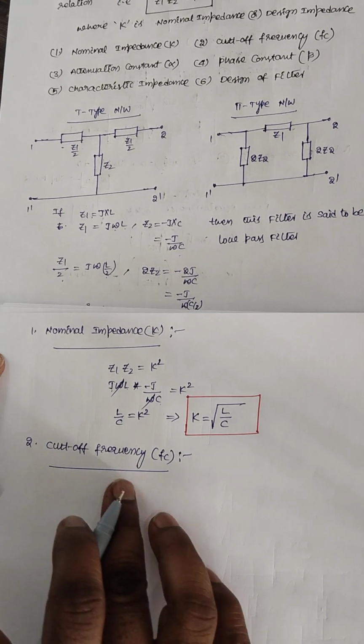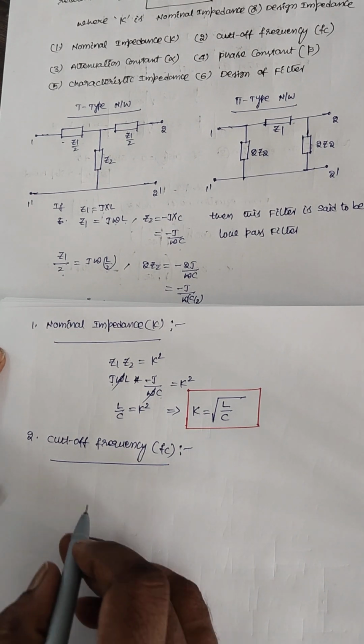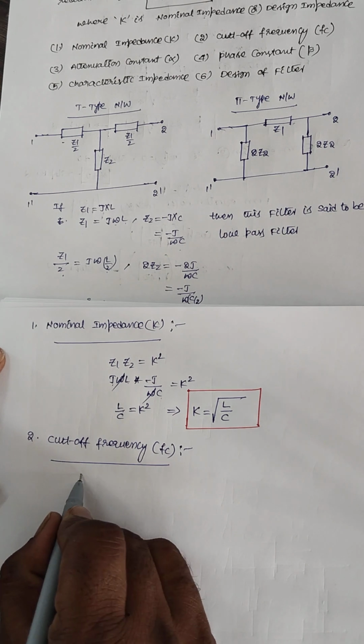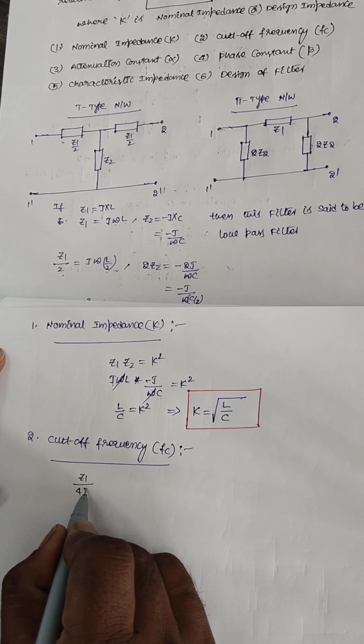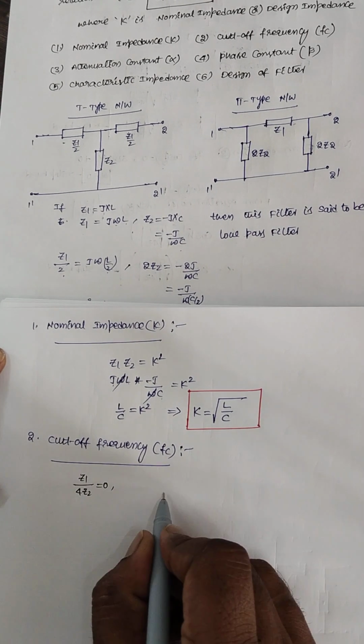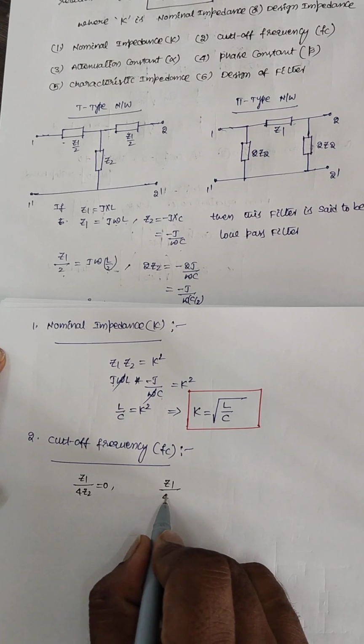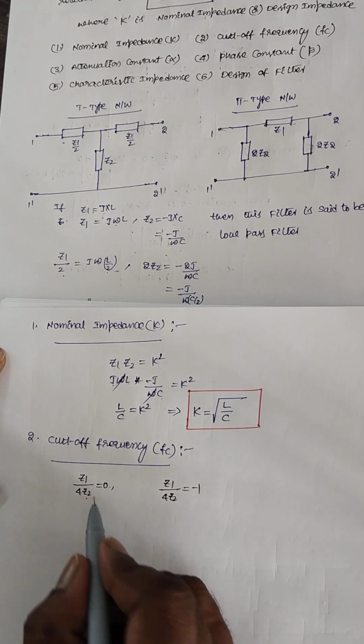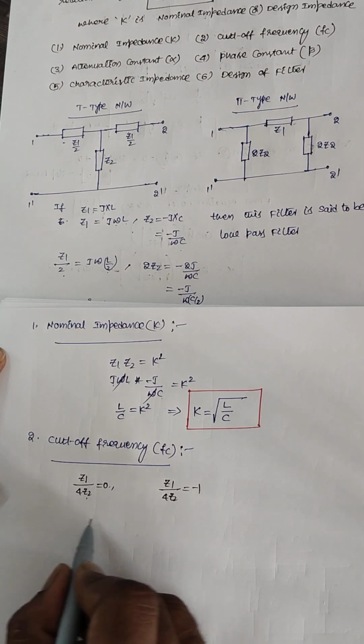Here this cutoff frequencies we can get from these two expressions, that is Z1 by 4 Z2 is equal to 0 and Z1 by 4 Z2 is equal to minus 1. So if I make Z1 by 4 Z2 is equal to 0, what will become?